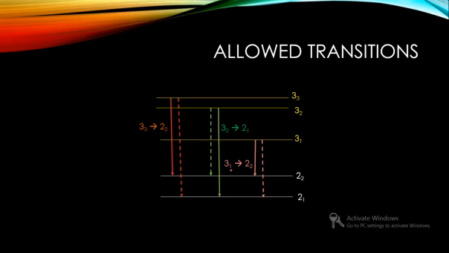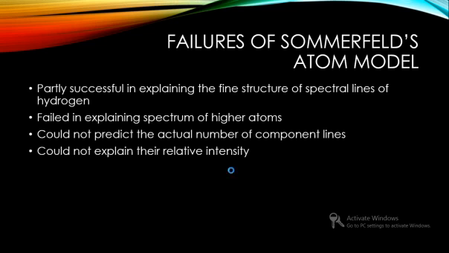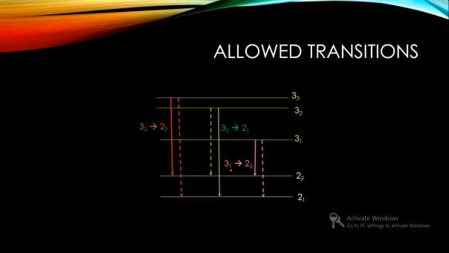Those are the only 3 allowed components, and hence it matches with the experimental value. So we can say it was successful in explaining the splitting of H alpha in the hydrogen spectrum, or the fine structure of H alpha in the hydrogen atom.